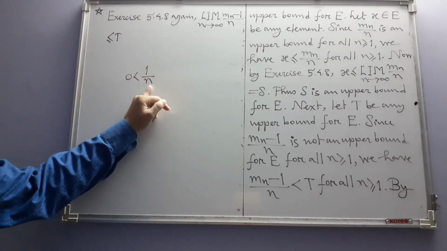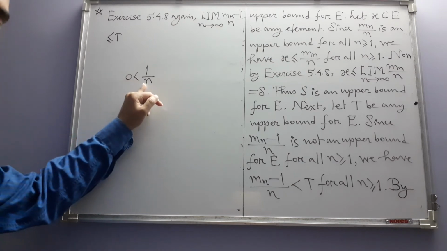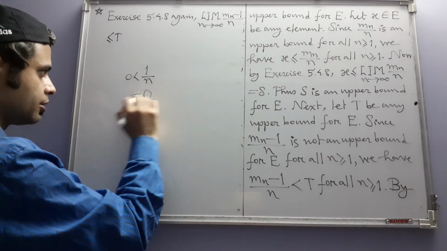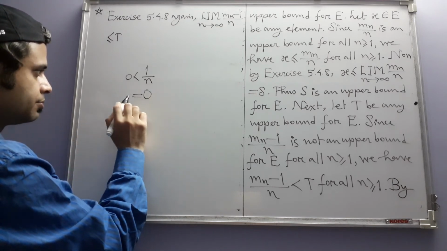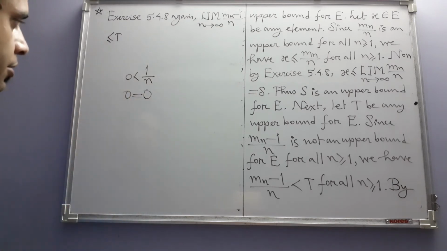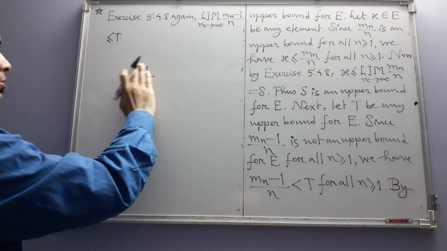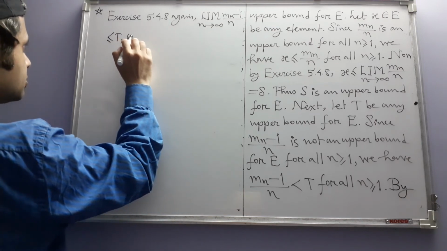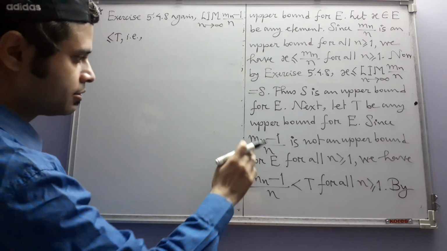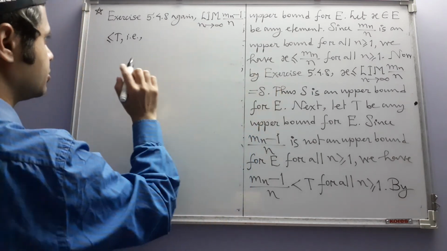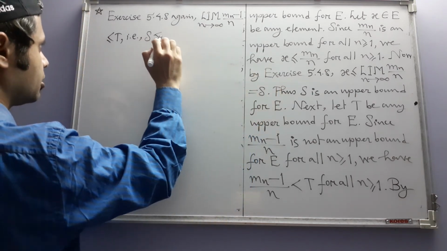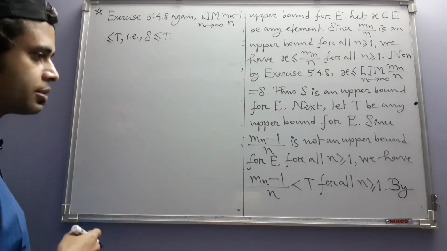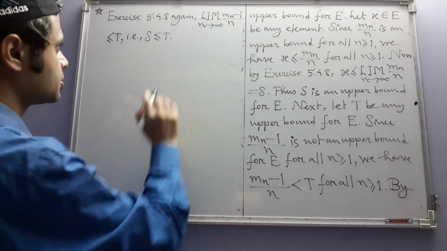All the terms of this sequence are strictly greater than 0. But when we take formal limit, on the right hand side also we have 0, on the left hand side also we have 0, and 0 is not less than 0. So that's why we are writing less than or equal to T. That is, this limit is also equal to S. So S is less than or equal to T. So this shows that S is the smallest among all possible upper bounds.